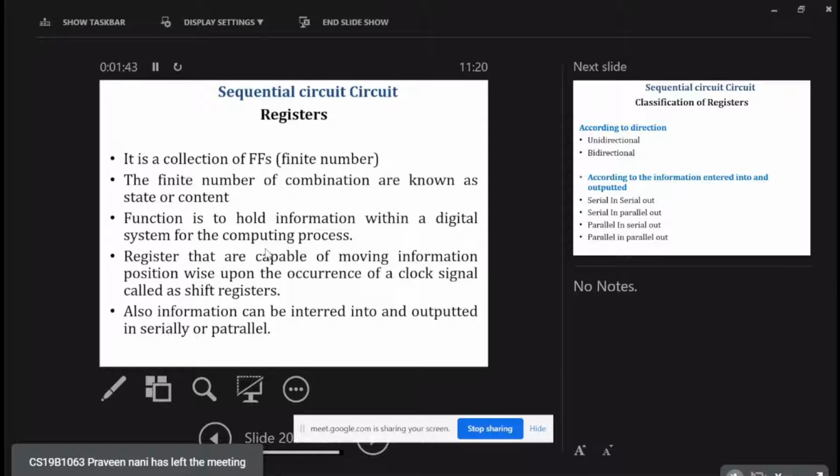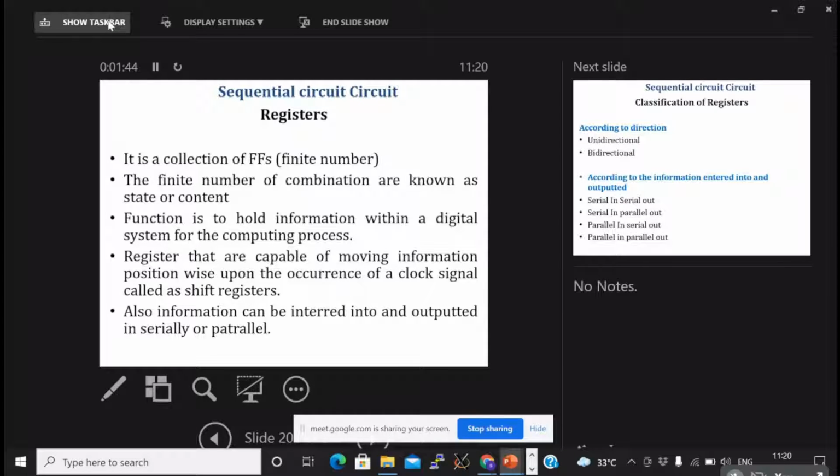They can also be classified by the way information is entered and output.